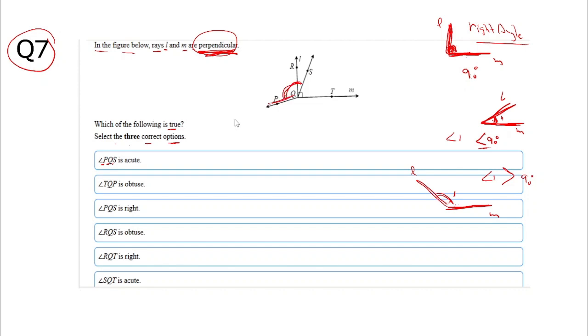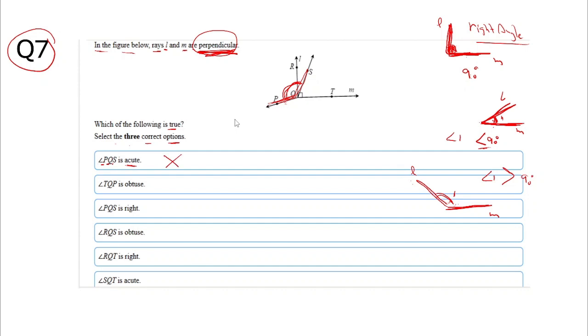So this angle, if you can see, is an obtuse angle, which is more than 90. So here it is saying it's an acute angle. Acute angle is like this one. But if you see the shape of this one, it's not acute. So this answer is not correct.